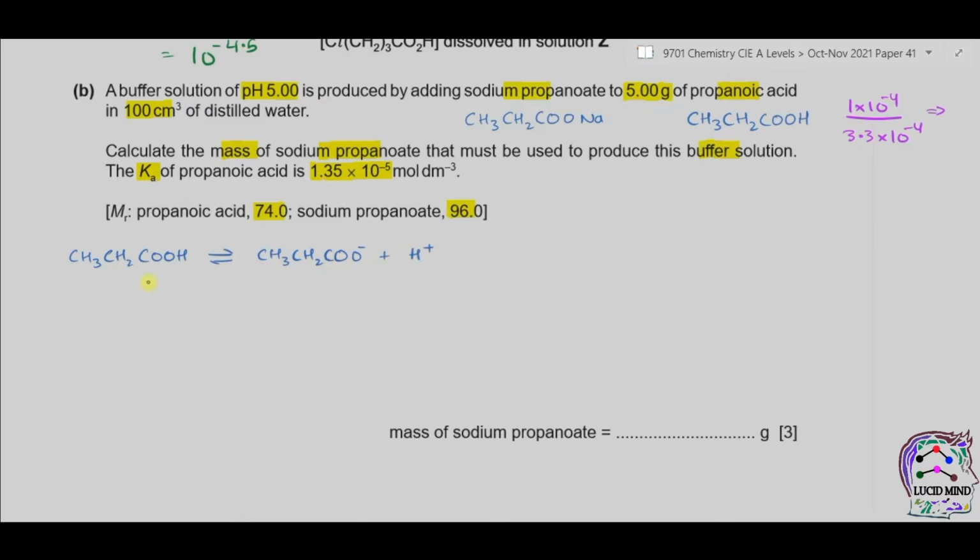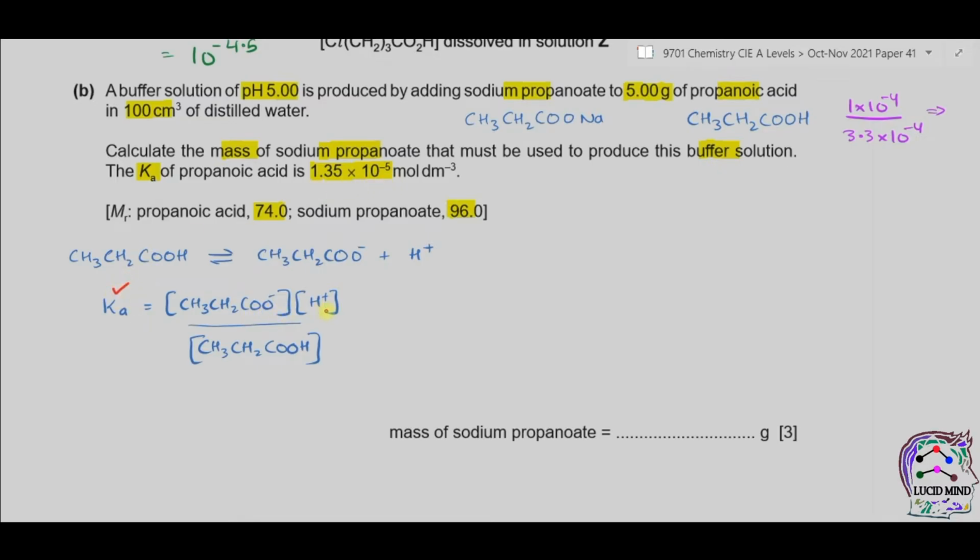We can write Ka for this equation. The ionization constant of the acid is equal to the concentration of products raised to the power of their number of moles, the second product being H⁺, divided by the concentration of the reactant, which is propanoic acid, CH3CH2COOH. In this formula we have the value of Ka, which is given as 1.35 × 10⁻⁵ mol/dm³.